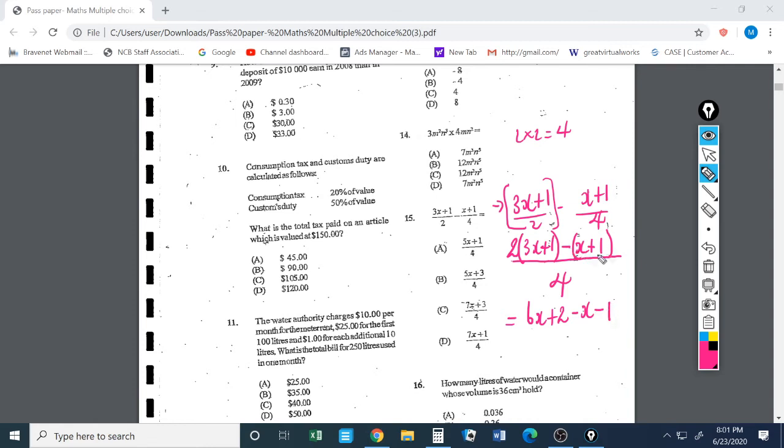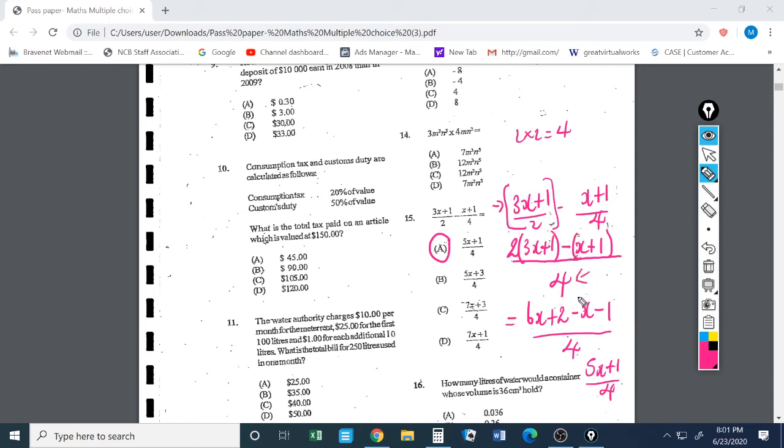This negative would make both the things in the bracket negative, over 4. And then we're going to end up with 6x minus x, which gives us 5x, and 2 minus 1 gives us plus 1, over 4. So the answer is actually A, guys. Pretty simple. Just remember that you have to find the lowest common denominator.